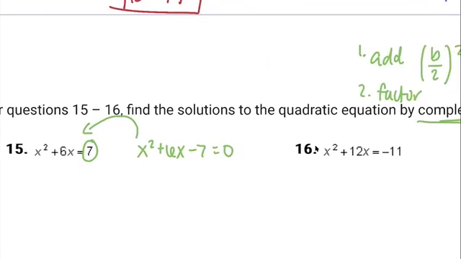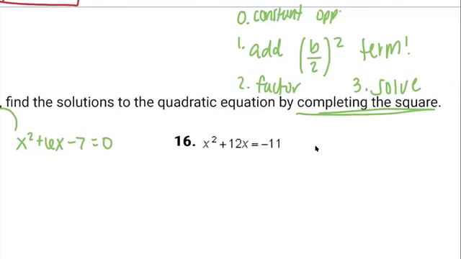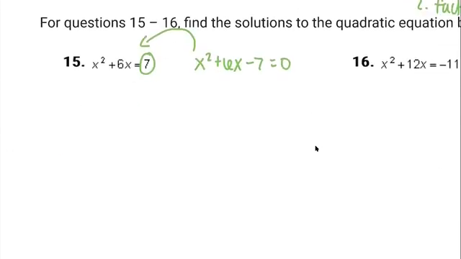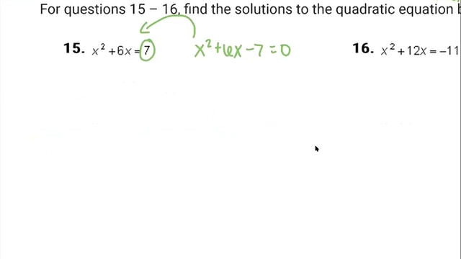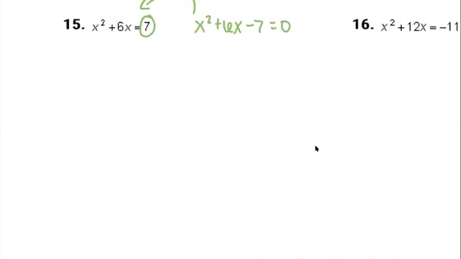I could even add it as step 0 here. You have to have your constant on the opposite side of the equal sign. This one already had it. But again, if it starts in this green form, you have to put it in the form that we have in our equation here.